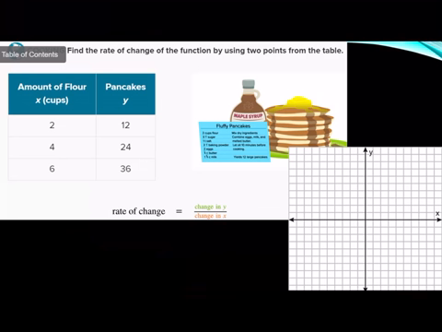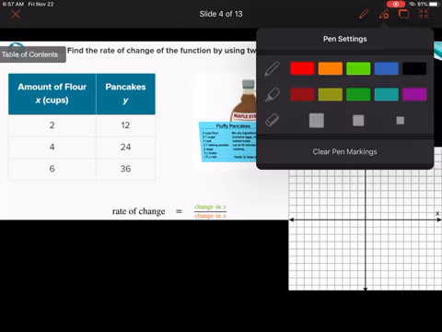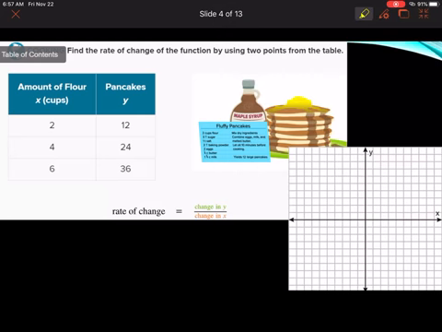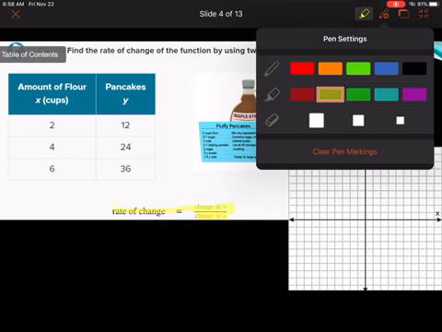Cooking, find the rate of change of the function by using 2 points from the table. So down here we have our formula. So rate of change is the change in y over the change in x. So now we just have to interpret what y and x are.